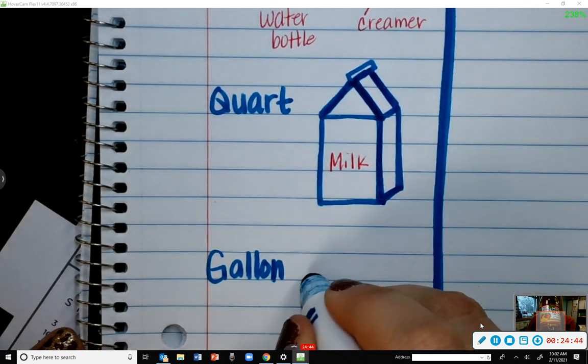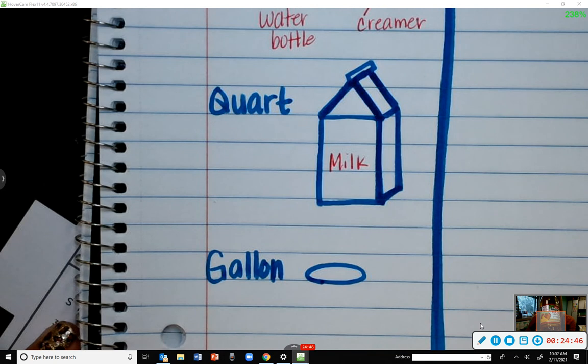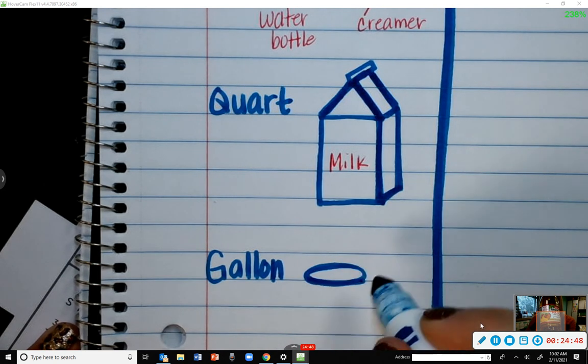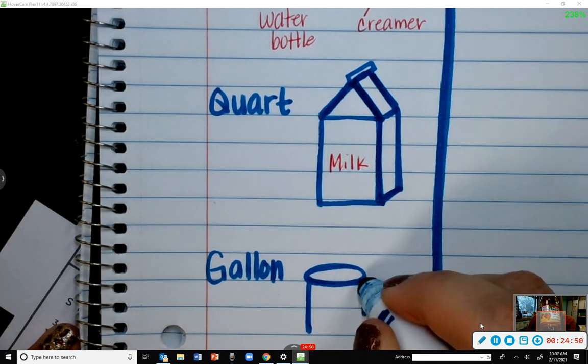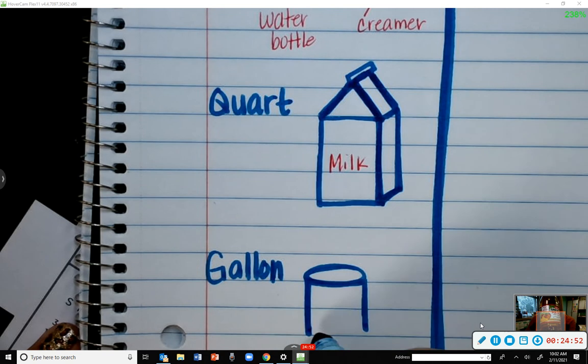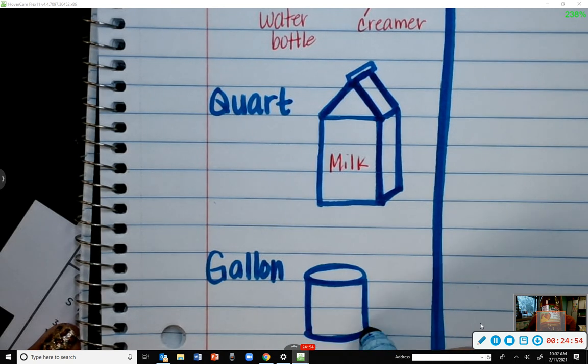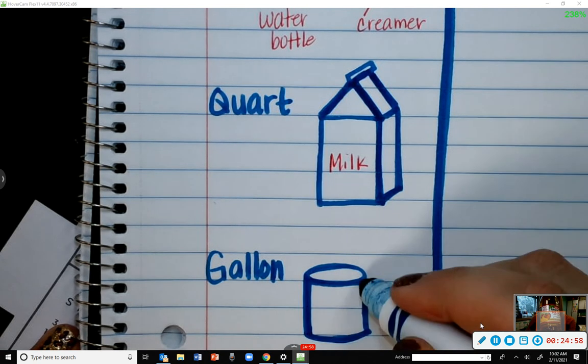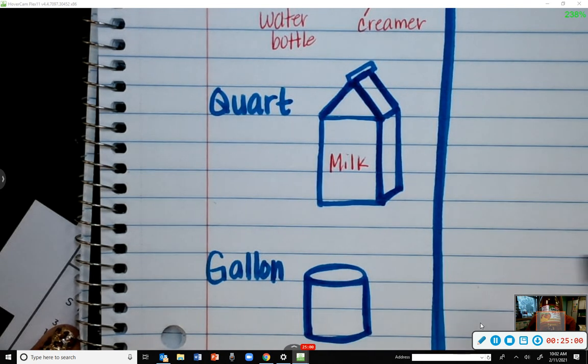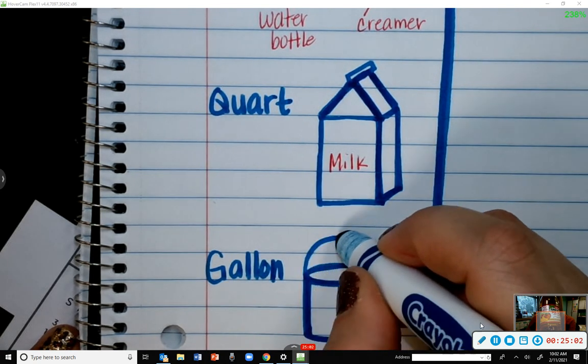I'll do a bucket. So to draw a bucket, we do an oval. Come down. And then make your bottom a little bit curved, just a little bit. And then you can draw a handle.